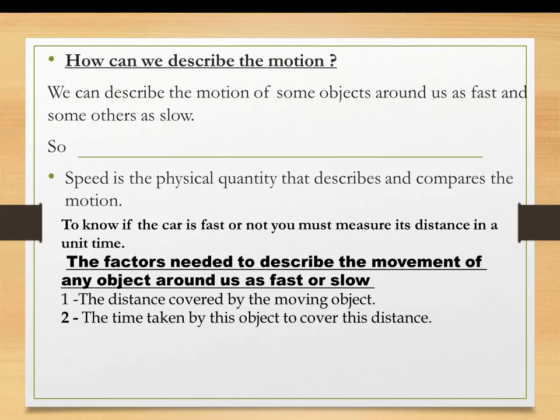Okay, how can we describe the motion? If we want to describe the motion of some object, I say this car is fast and the other one is slow. It is faster than the other. So if I want to describe the motion, I will say fast or slow. Fast or slow means I will talk about the speed, which we took before.